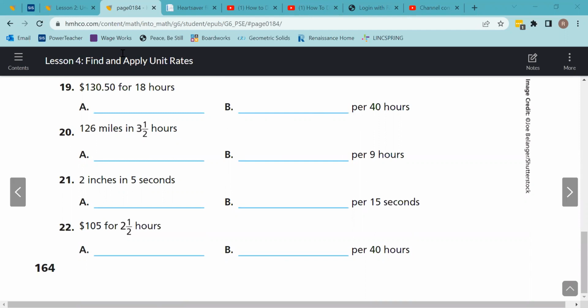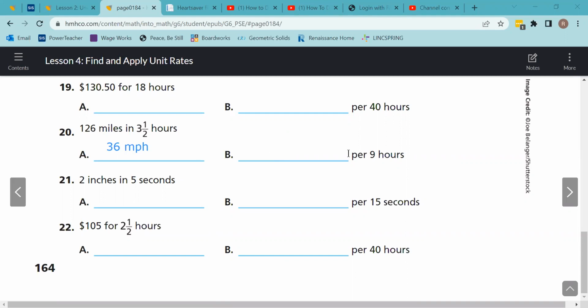Okay. Number 20, 126 miles in 3.5 hours. So take your mileage and divide by the time it took. 3.5. 0.5 is your 1/2 as a decimal, right? So get it down per hour. We have 36 miles per hour.